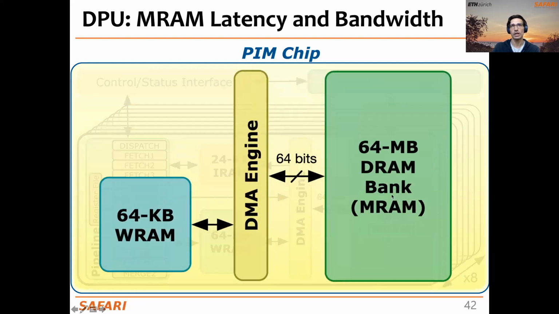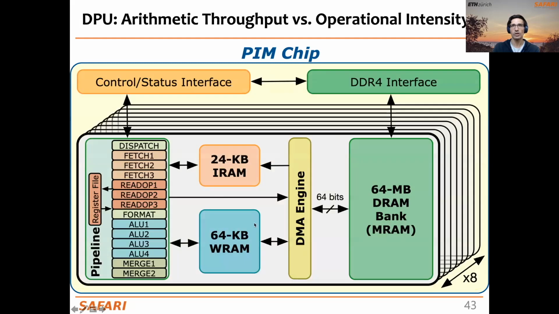We will also study how the data is moved back and forth between MRAM and WRAM, and we will obtain latency numbers and bandwidth numbers for the communication between these two memory spaces.